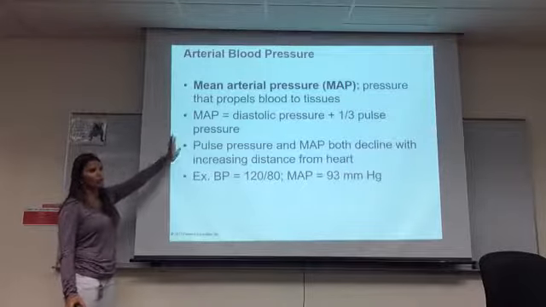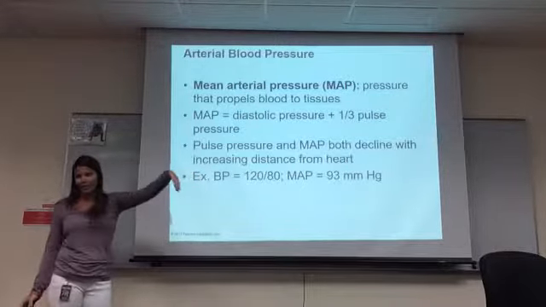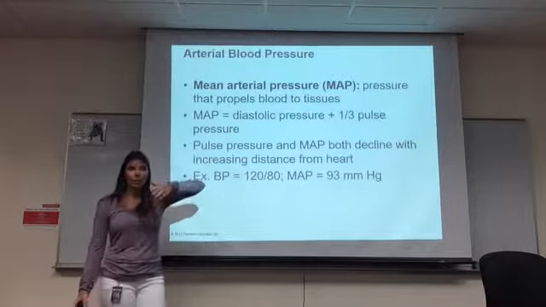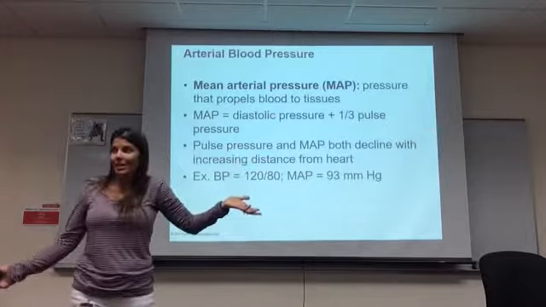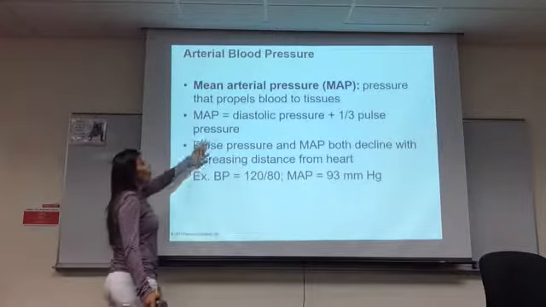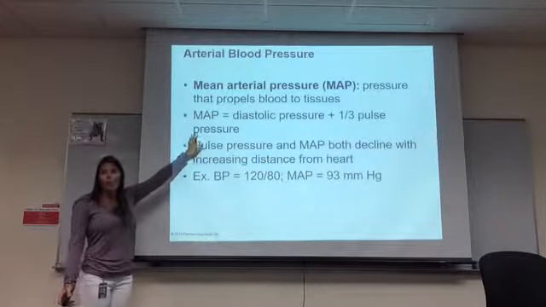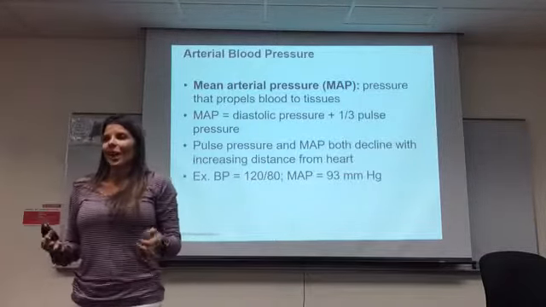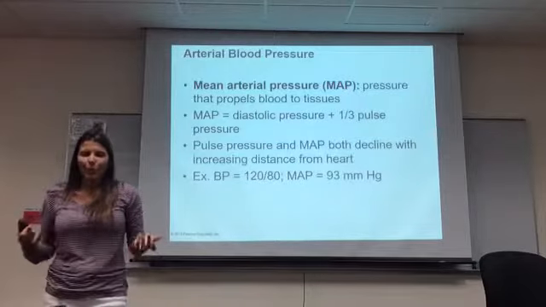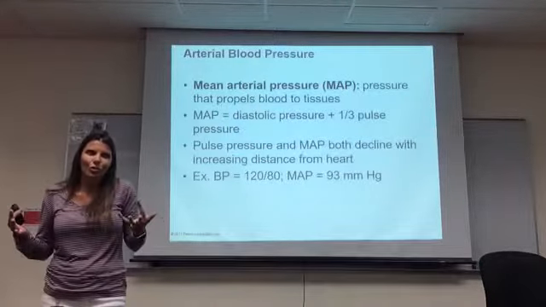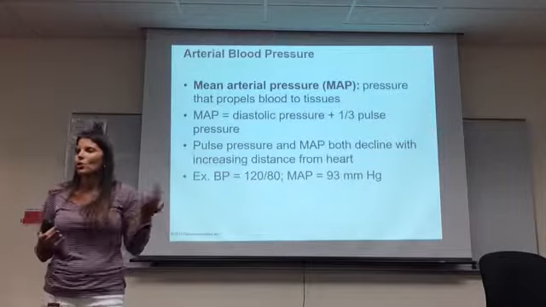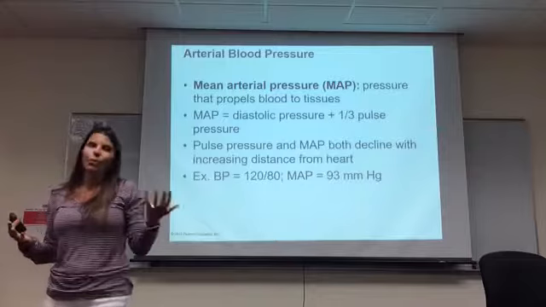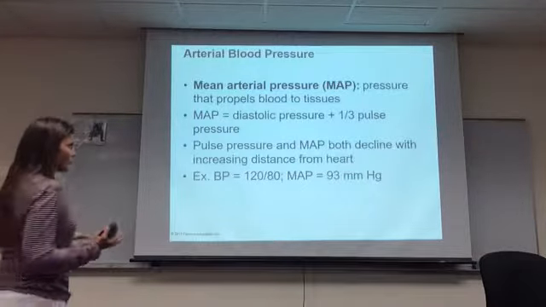The way you calculate this, and you're not going to have to calculate it, is your diastolic pressure, that bottom pressure. So in our example on the previous slide, let's say it's 80. Okay? And 1/3 of your pulse pressure. So if my pulse pressure, using the numbers on the previous slide, was 40, roughly 1/3 of that is, it's not a perfect number, but around 13 or 14. So you have 80 plus 14 or 13, and that would give you your mean arterial pressure.